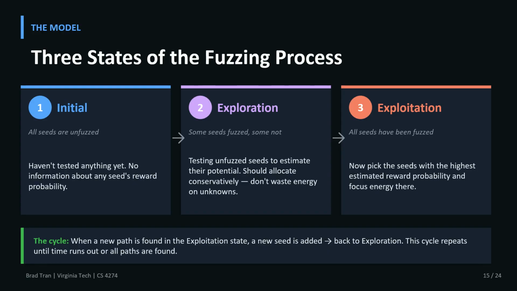When a new path is discovered in the exploitation state, a new unfuzzed seed enters the queue, and the fuzzer transitions back to exploration. This cycling continues until timeout. Different strategies are optimal in each state, and EcoFuzz implements state-specific algorithms accordingly.